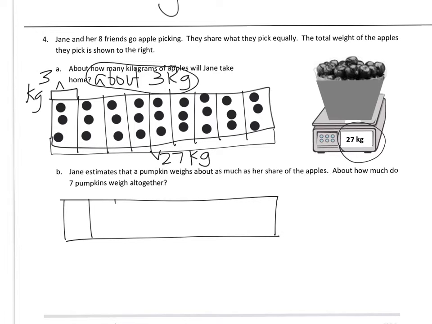So 1, 2, 3, 4, 5, 6, 7. And we know that each pumpkin is going to weigh 3 kilograms because each one weighs about the same as her share of the apples. So let's go ahead and put 3 in each group and figure out the total.